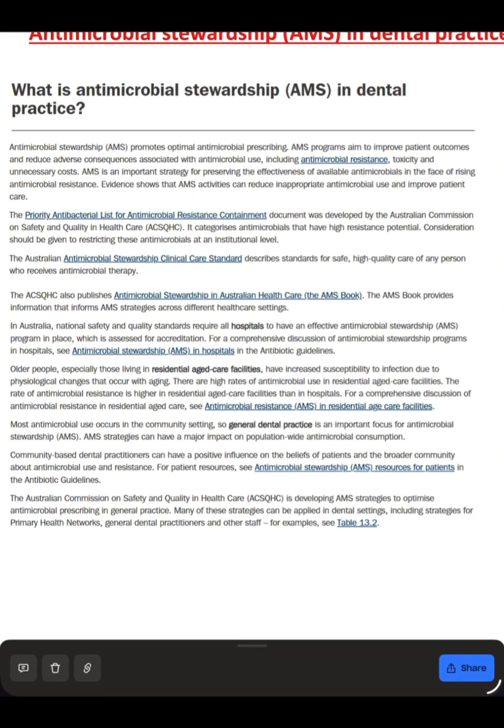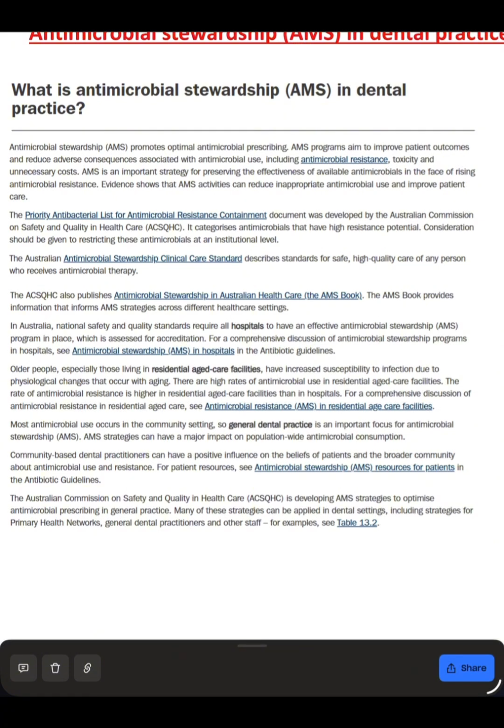The Priority Antimicrobial List for Antimicrobial Resistance Containment document was developed by the Australian Commission on Safety and Quality in Health Care. It categorizes antimicrobials that have high resistance potential. Consideration should be given to restricting these antimicrobials at an institutional level. The Australian Antimicrobial Stewardship Clinical Care Standard describes standards for safe, high quality care of any person who receives antimicrobial therapy.